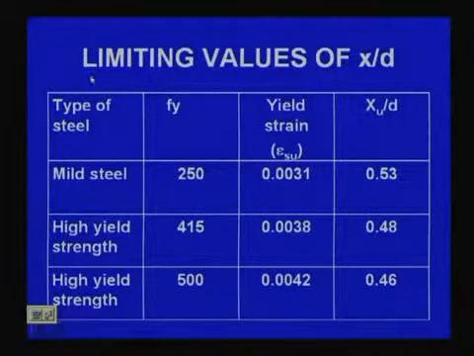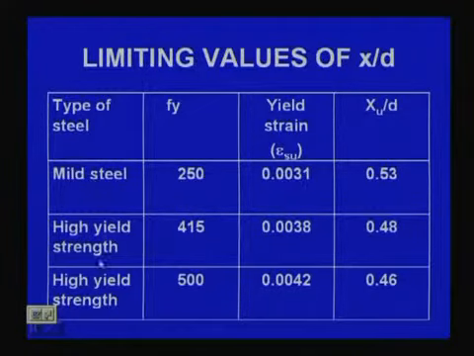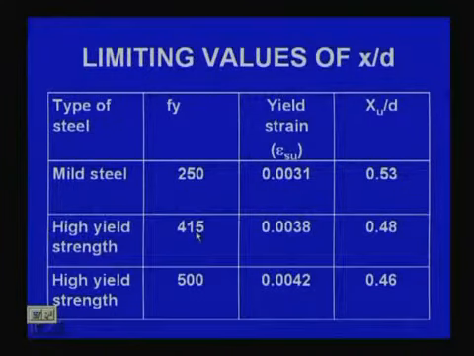So, limiting values of x by d. Type of steel: mild steel, high yield strength Fe250, Fe415, Fe500.